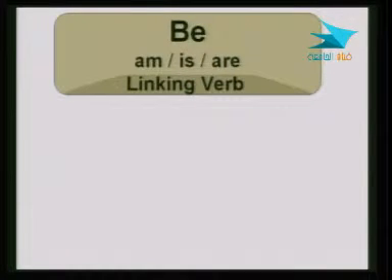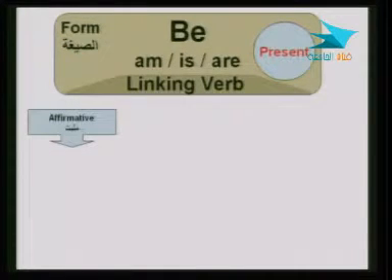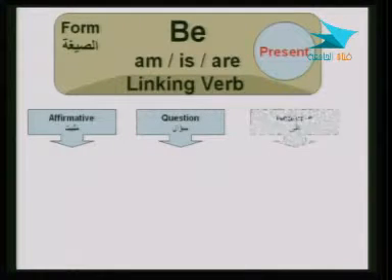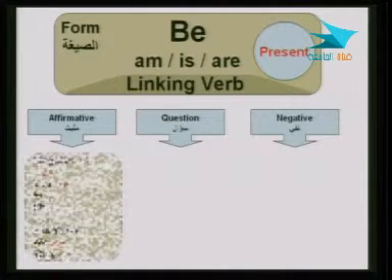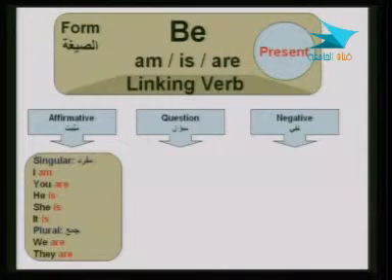Again, be, the verb be, am, is, are, and of course we use it as a linking verb, okay, in the present. We can make, of course, affirmative sentences and questions, and make negative sentences. To make affirmative sentences, we start with a subject, and we can have, of course, singular or plural. With singular subjects, I, all right, we use the verb be, am.